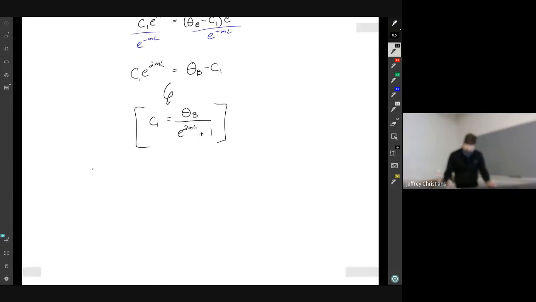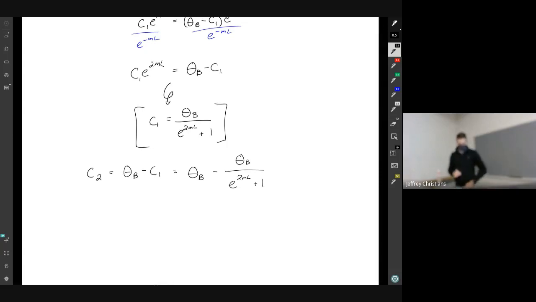C2 was equal to theta B minus C1. So that equals theta B minus theta B over e to the 2 ml plus 1.